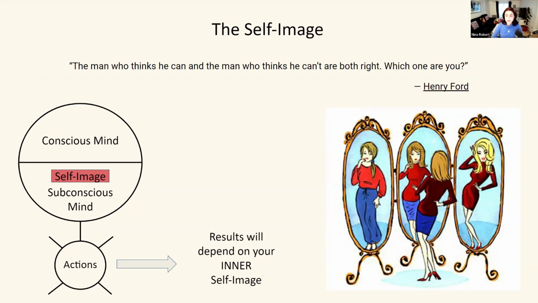The image in the middle is the image she thinks she has of herself, and the image on the left is the inner self-image, the hidden image. And in that case, it's probably a negative and limiting self-image.